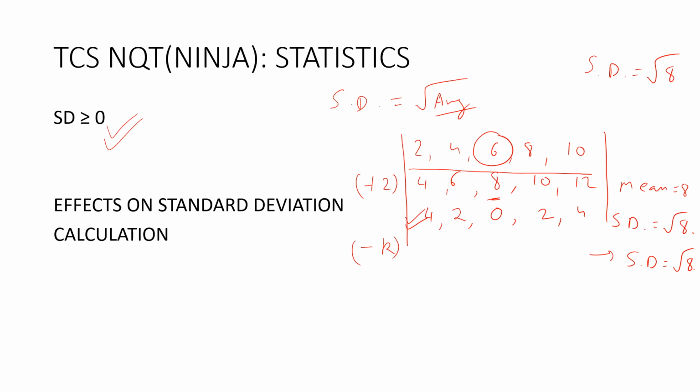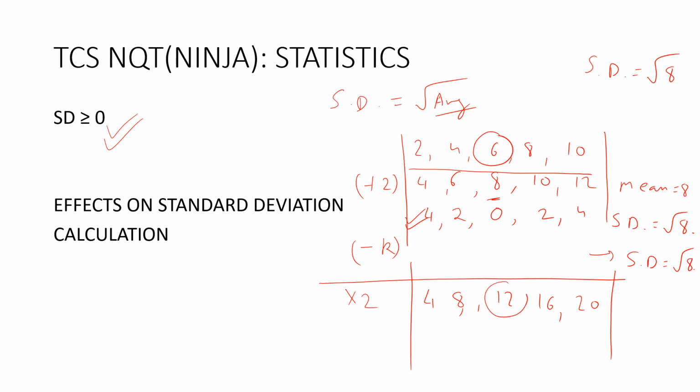Now what will happen if I multiply each term by 2? Now if I multiply each term by 2, my terms would look like this. Has my mean changed? Yes, my mean has changed. Now it has become 12. And did my deviation change?